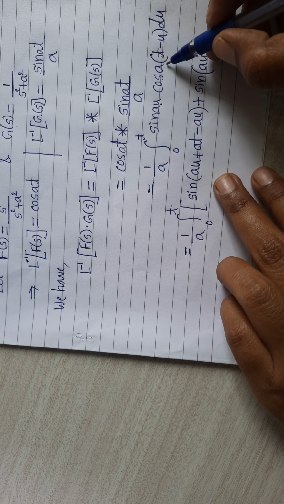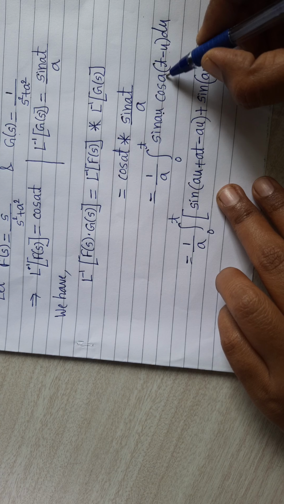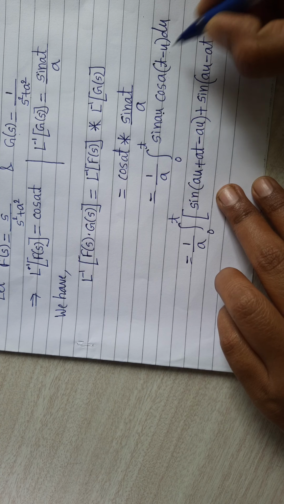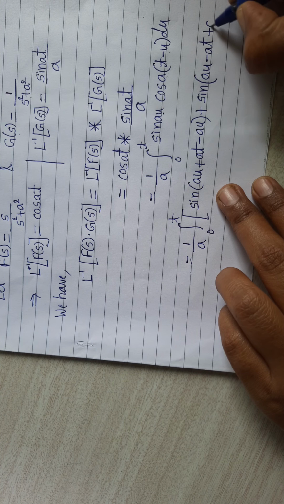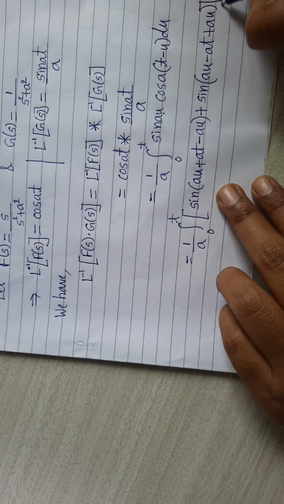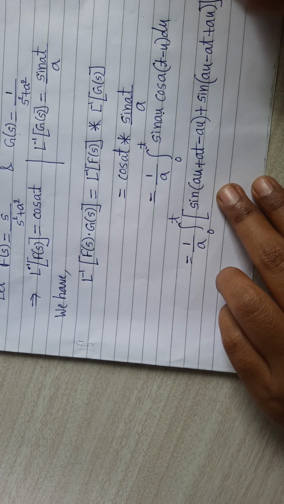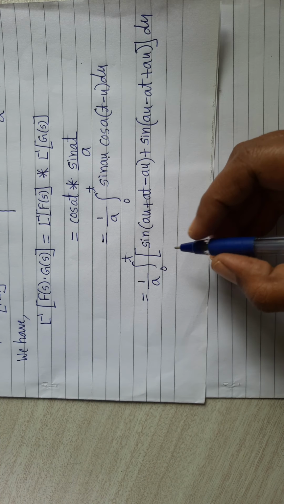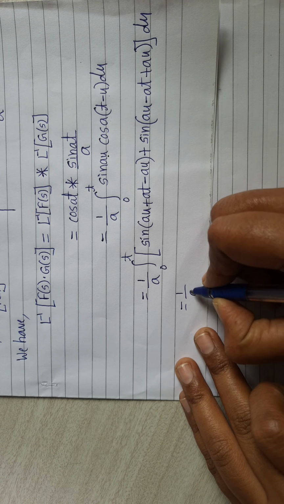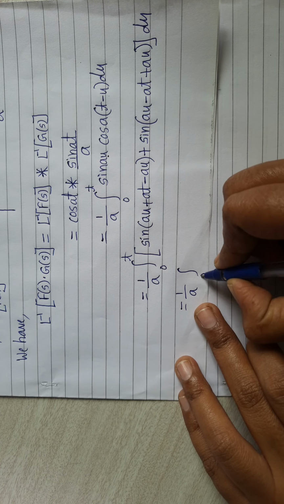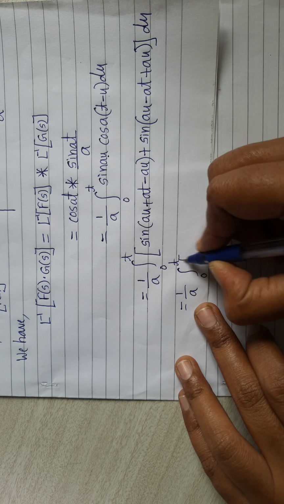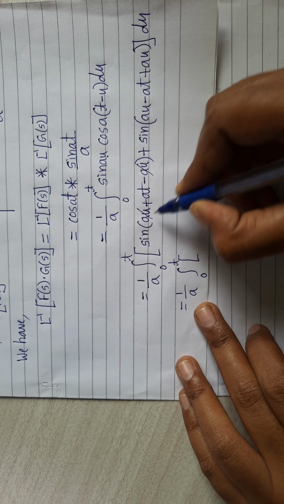Multiply the negative for both terms: minus a into t, then minus into minus gives plus au. Complete the bracket and then write du. So this equals 1 by a times integration from 0 to t. Here au minus au will get cancelled.